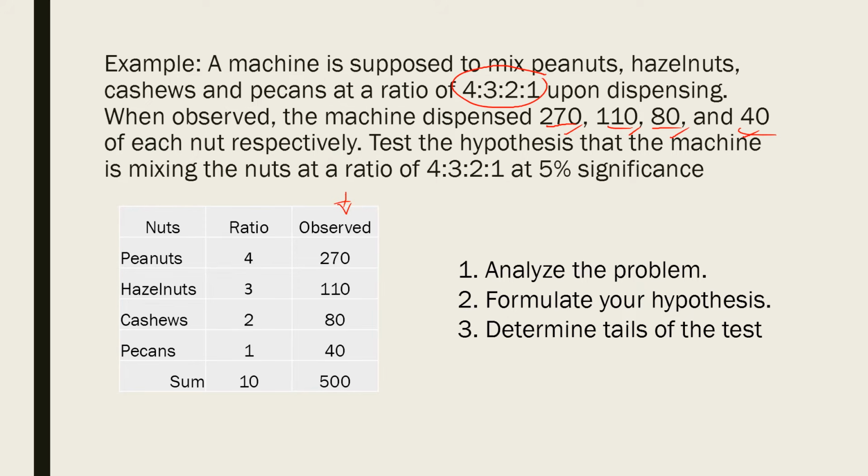And we have to test this hypothesis at 5% significance that our actual observation is equal to our 4, 3, 2, 1. So therefore, our null hypothesis would be observed is equal to expected.